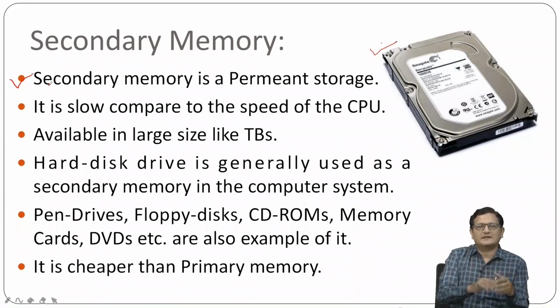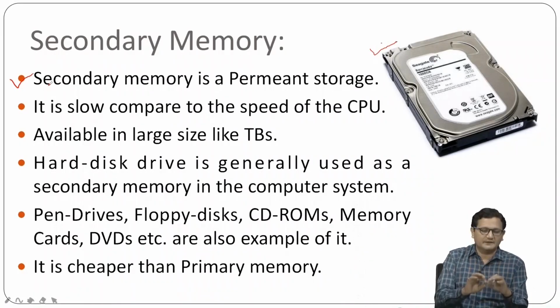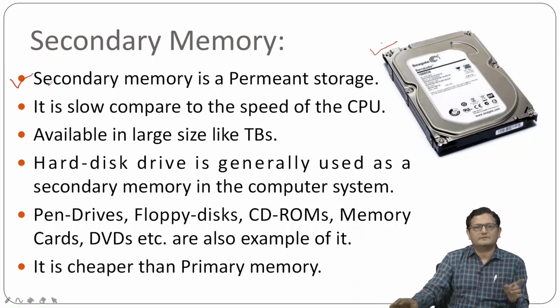And once the data is saved and transferred into the secondary memory, it will remain as it is, permanent, even though you discontinue the power supply. Fine. So here the secondary memory can store the data permanently, and because of that we are using a secondary memory, right? It is slow compared to the speed of the CPU.